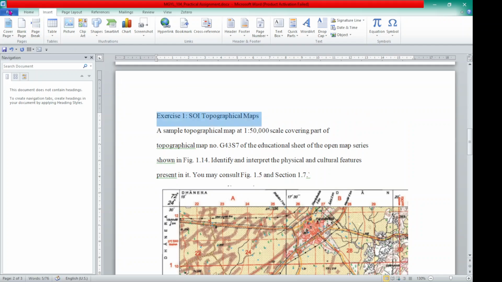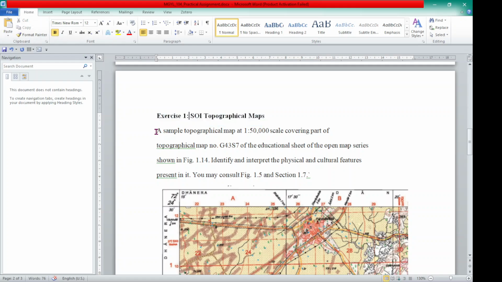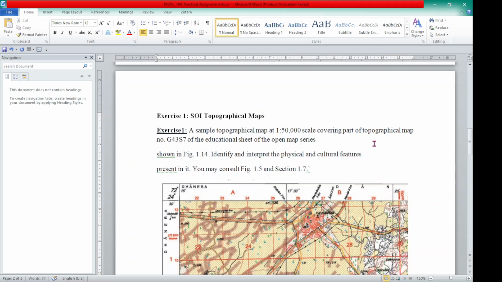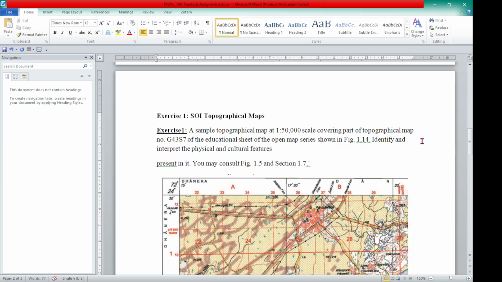Of this particular exercise, we are performing exercise 1 again. Slightly confusing, but this is how they are named. So we have pasted this. Let's just get it sorted.